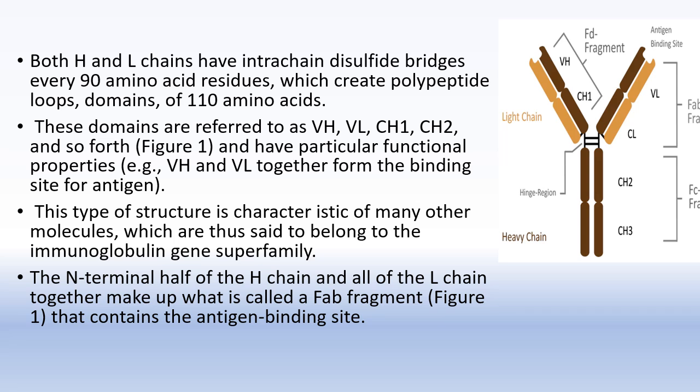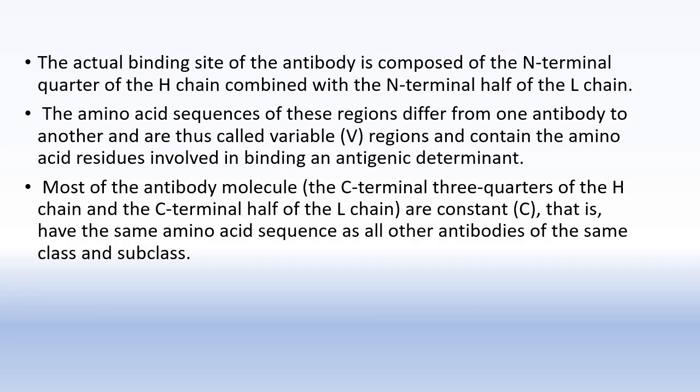This type of structure is characteristic of many other molecules, which are thus said to belong to the immunoglobulin gene superfamily. The N-terminal half of the H chain and all of the L chain together make up what is called the Fab fragment in the figure that contains the antigen binding site.